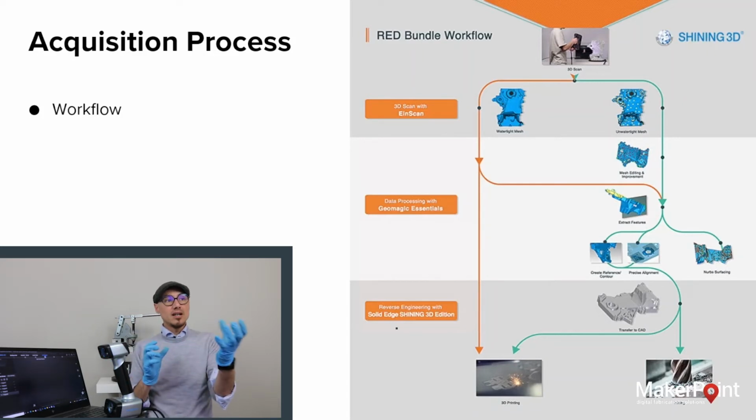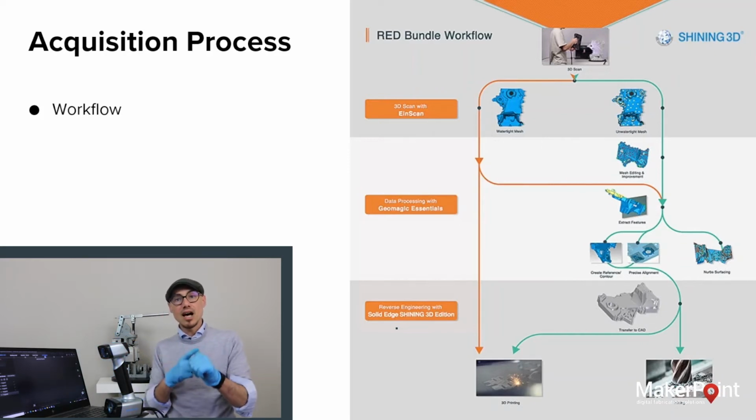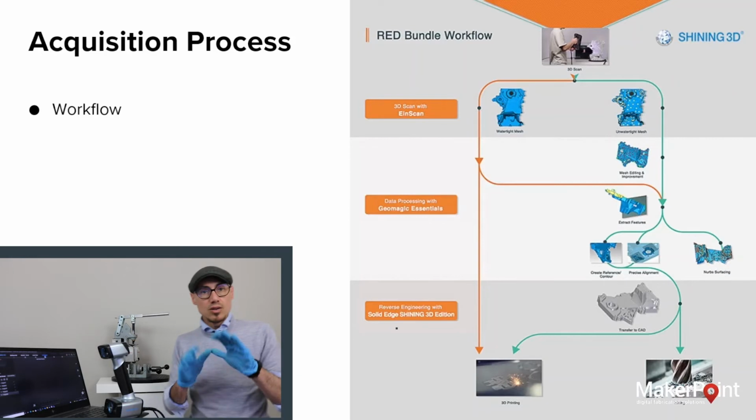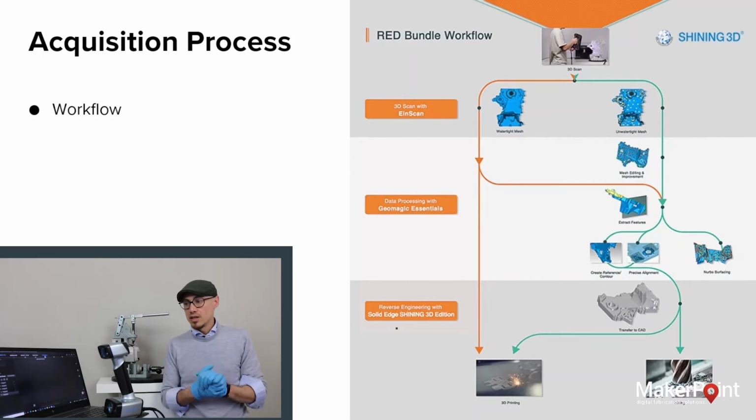So Geomagic Essential does not design for you. It's something you do have to perform in your 3D software, but it does help extracting lines, polylines, T-splines, and STEP files, IGES, and also calculate deviation for you. So it's very basic, but also very useful.